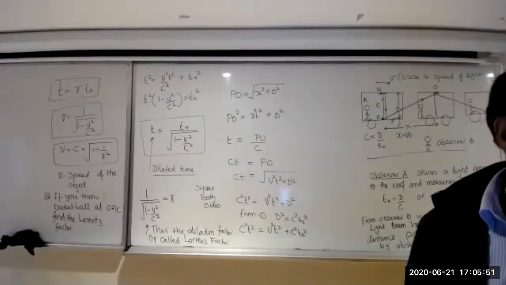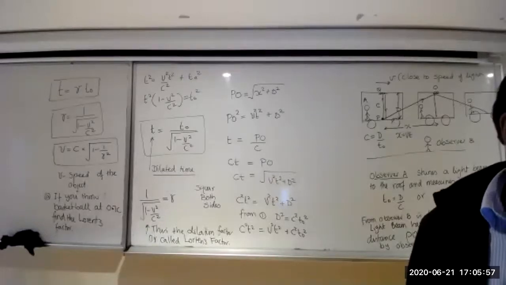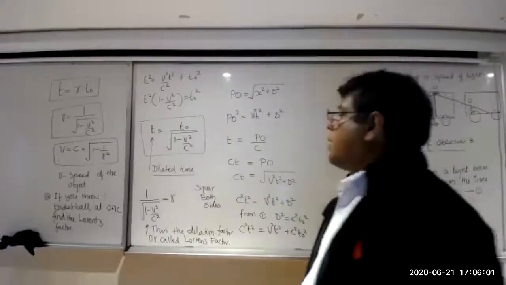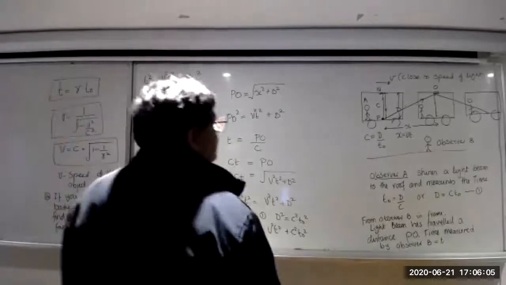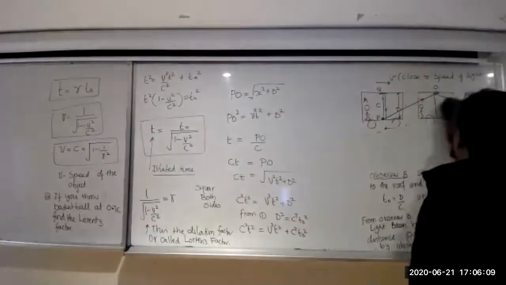What do you get for the gamma? 1.4. Okay. What's the lowest value for gamma you can have? Is it 1? Yes, 1.